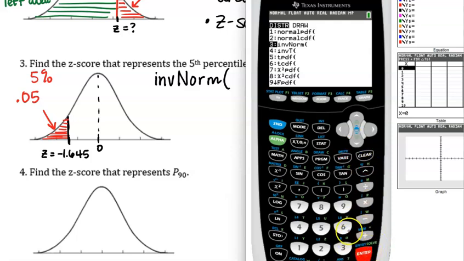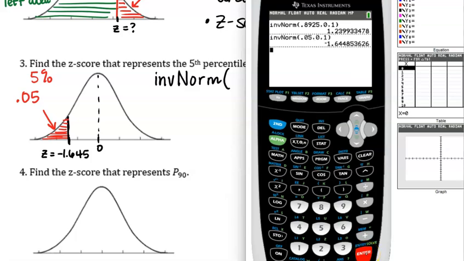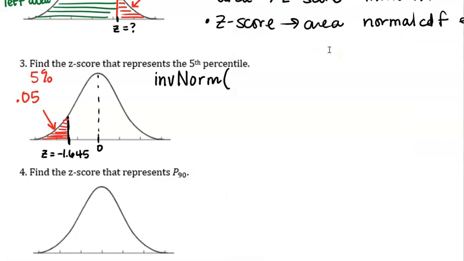It's going to ask me for an area, and it's asking me for a left area. We have a left area of 0.05. Mu and sigma are still 0 and 1 respectively, and we still get negative 1.645 approximately. It's okay if it's off a little bit. Technically, this is negative 1.64 because it would round to negative 1.64, but that's perfectly fine.